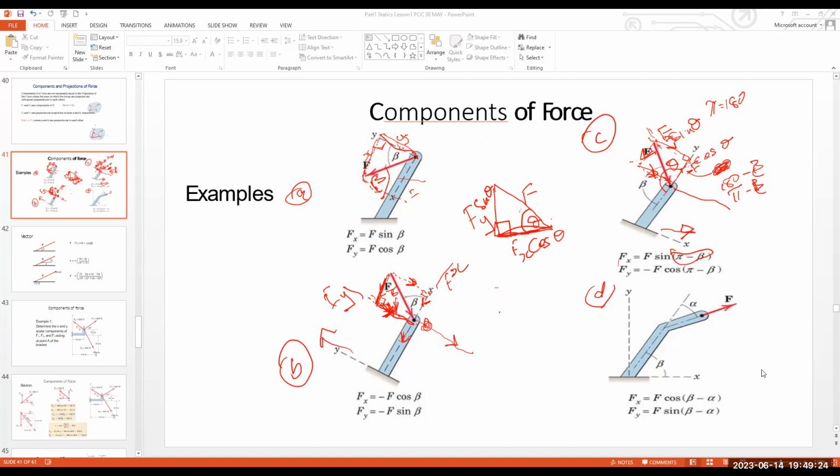Anybody want to dare to explain that one for me, please? Yes or no? No, sir, because I don't fully get it. You don't fully get it. I'm asking, does anybody understand this one here? I'm talking to the whole class. This one, the D part. Are you seeing where I'm at?